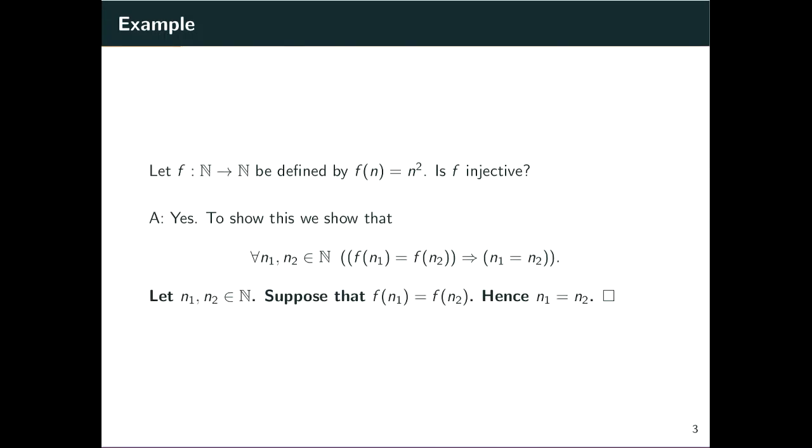So we're going to let n1 and n2 be in N, suppose our hypothesis, f(n1) equals f(n2), and then we're going to prove that n1 equals n2. So this is our logical structure. What we need to do is add in the proof.